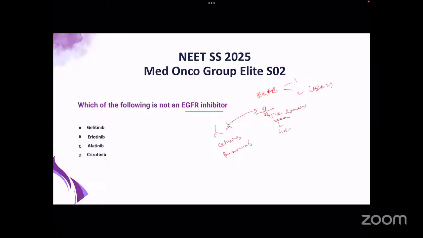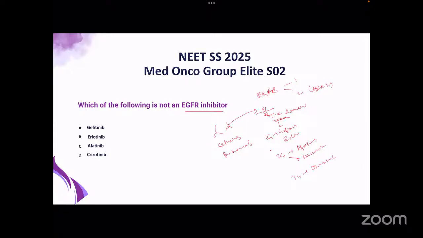So when we talk about EGFR, we usually talk about tyrosine kinase domain inhibitors, and the first generation is gefitinib, erlotinib. Second generation is afatinib, dacomitinib. The third is osimertinib.